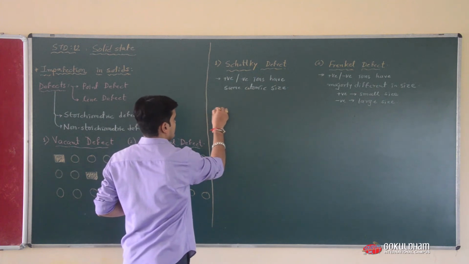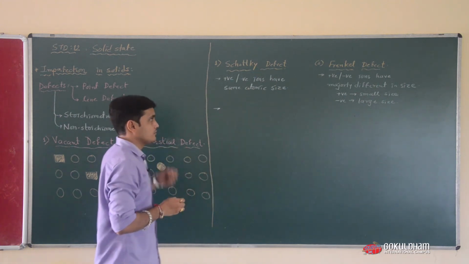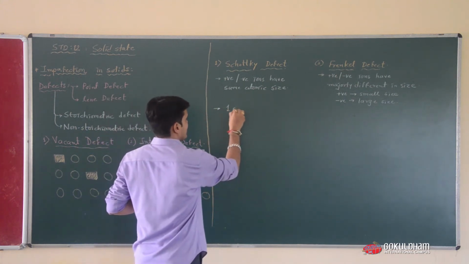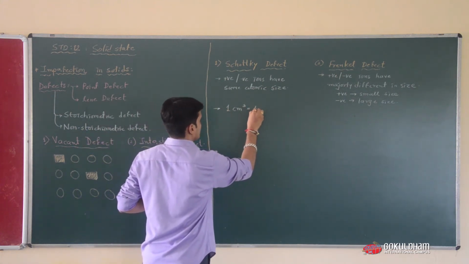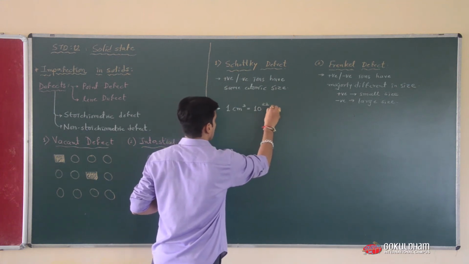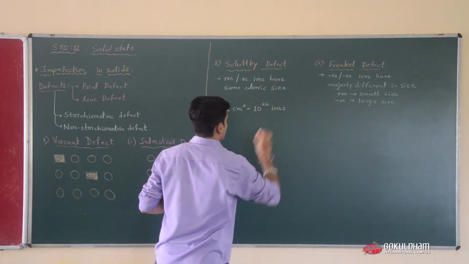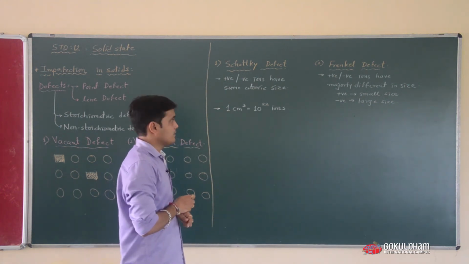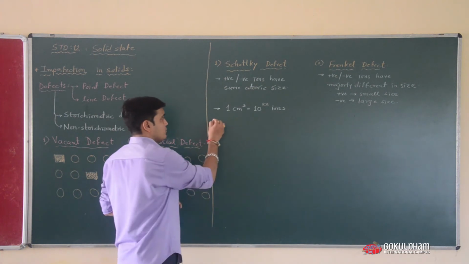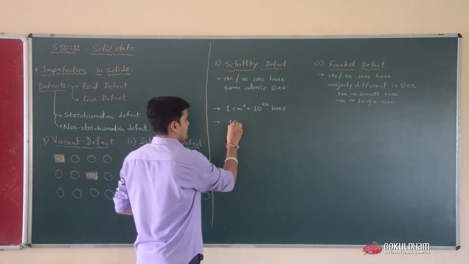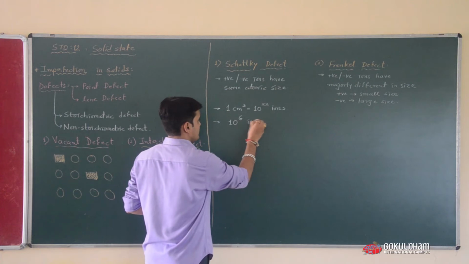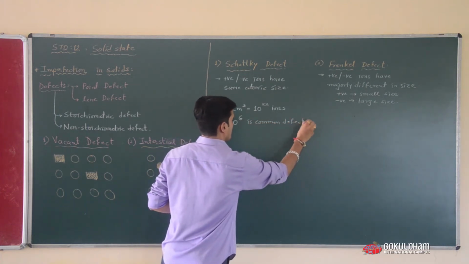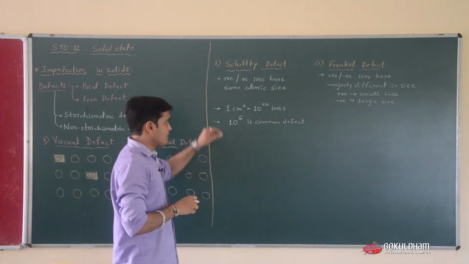In Schottky you also notice that 1 centimeter cube consists of 10 raised to 22 ions. And we know that 10 raised to 6 is a common defect in every solid.